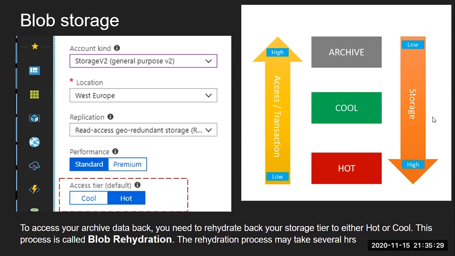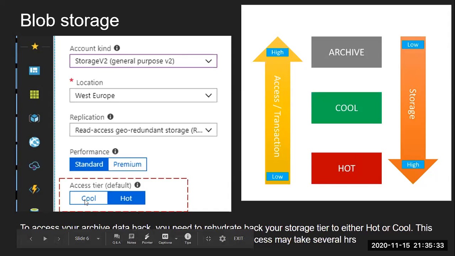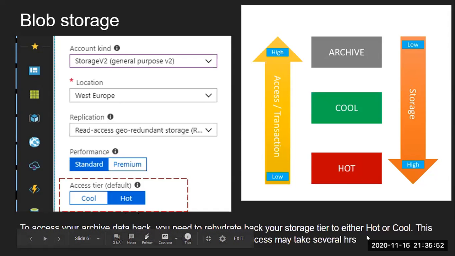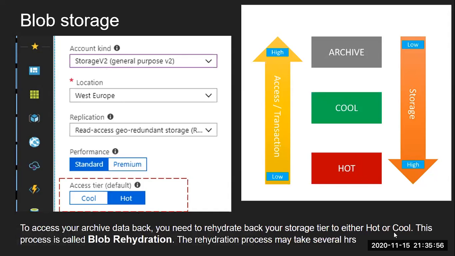You can define your data properties here. When you first put data online, you have two tiers as default, cool and hot. If you don't use your data often and just want somewhere to store it, you store it as archive.